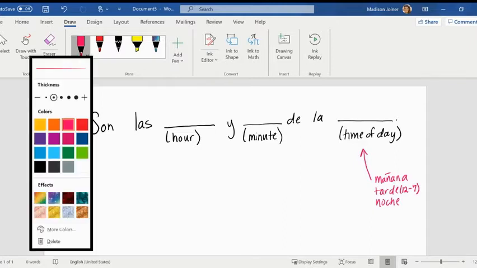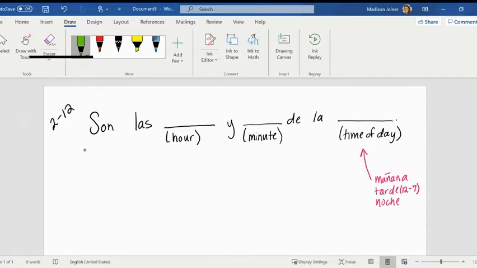So, por ejemplo, right now, it is 7:56 p.m. If I want to tell time in Spanish, I would say son las, and the hour is going to go here. Let me do it like this.